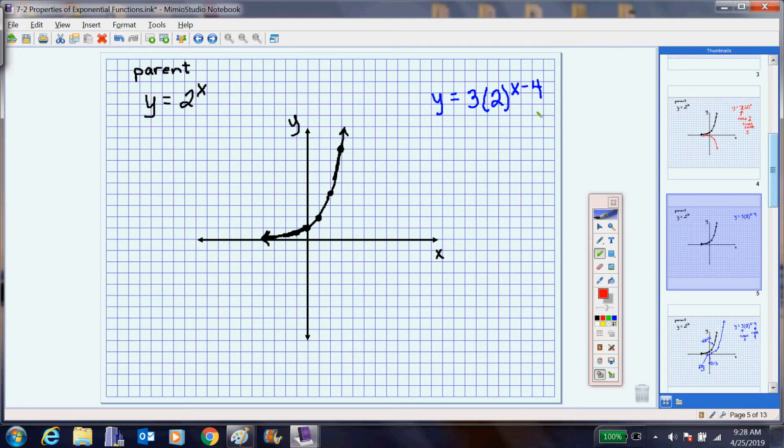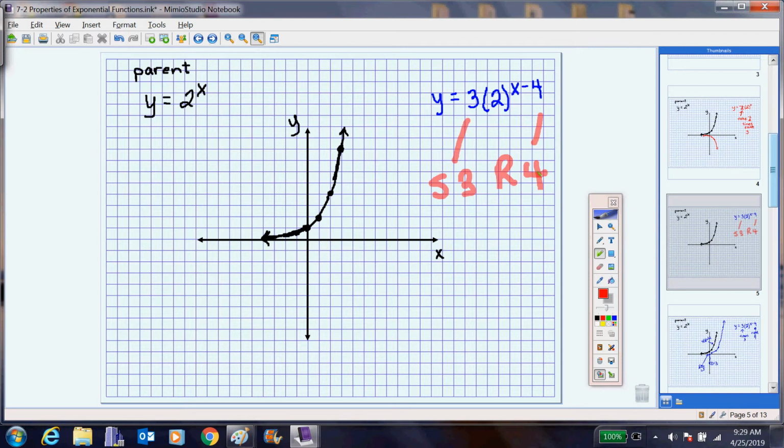So this would tell us that we go right 4. So you can write 4. And we know that there's an issue with the writing on this particular tool. What's the 3 tell us? It's a stretch of 3. So you would write out the words stretch of 3, moving right 4.